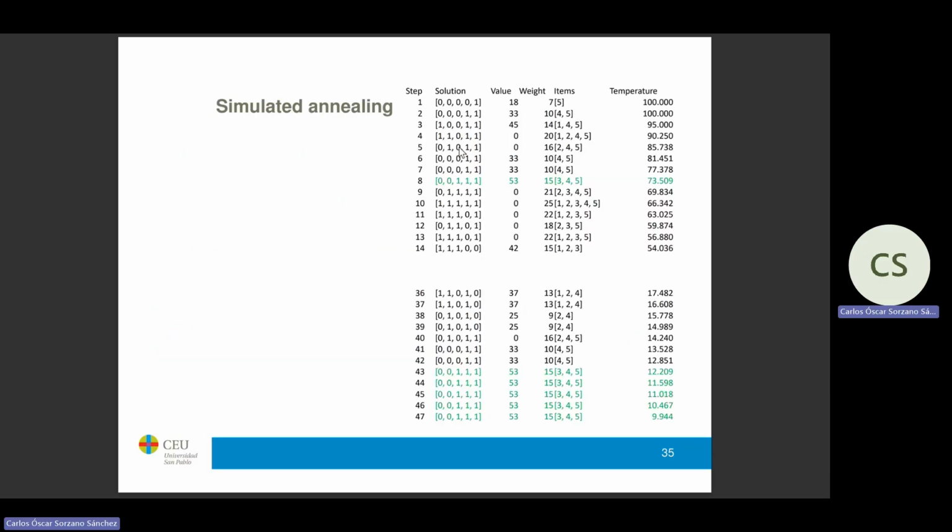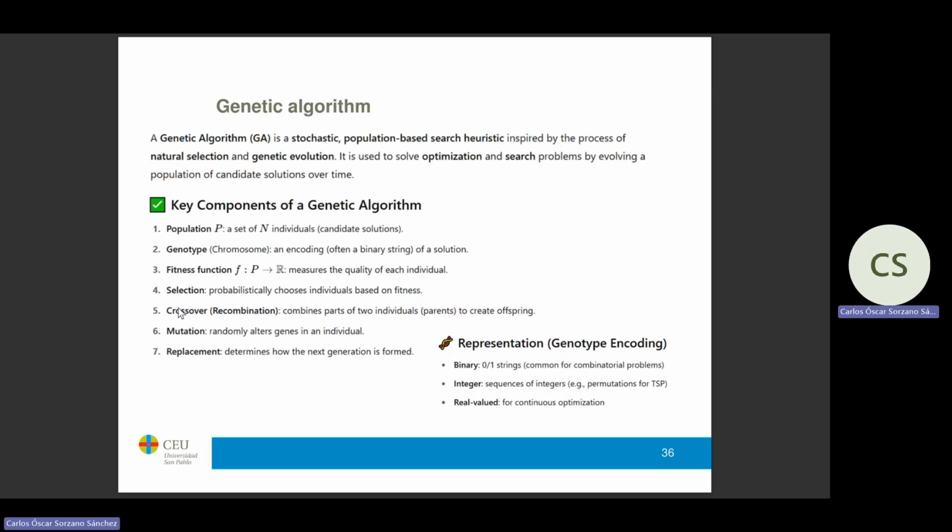Let's say that these two parents are very well fitted; with these two, you will generate a child. And you hope that if this is well fitted and this is well fitted, the child could be even better fitted. That is your hope.